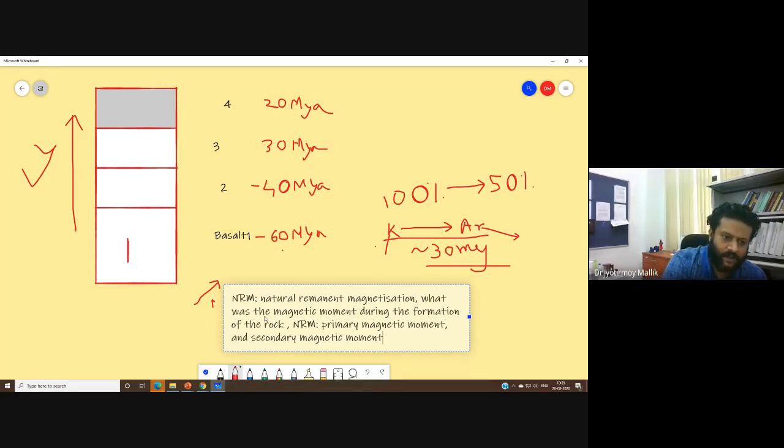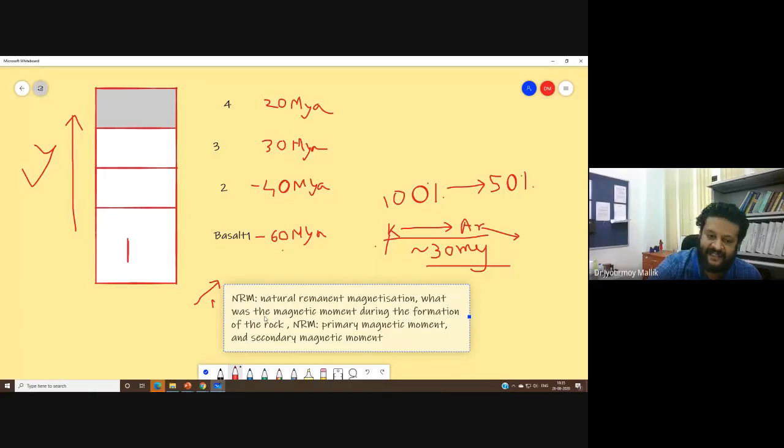So when the rock actually formed, it acquired some magnetization. Okay? The ferromagnetic minerals present in this rock acquired some magnetization that reflects the geomagnetic field at that time of the earth, while the rock was forming, and that is my primary magnetic moment.